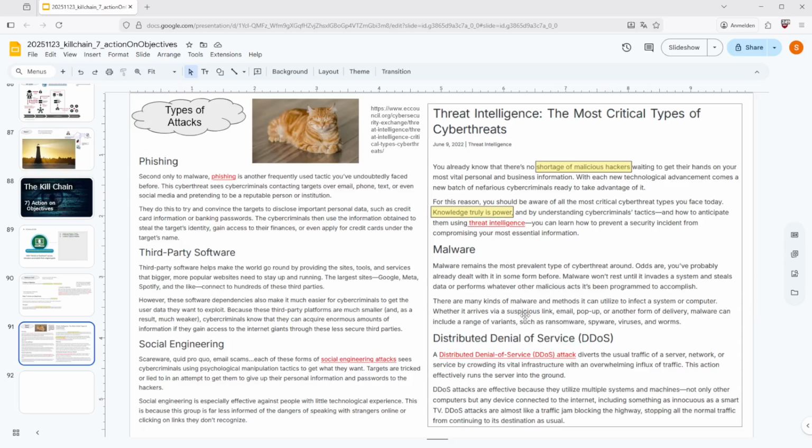And then arrives a suspicious link, email, pop-up, another. Yeah, these pop-ups, they were everywhere. This is how you could tell that your system is doing some weird things, but we didn't care back in the day as kids. Ransomware, spyware, viruses, worms. Yes, exactly. So he can encrypt my computer game, I wouldn't care, and he can spy on me playing Age of Empires 1.